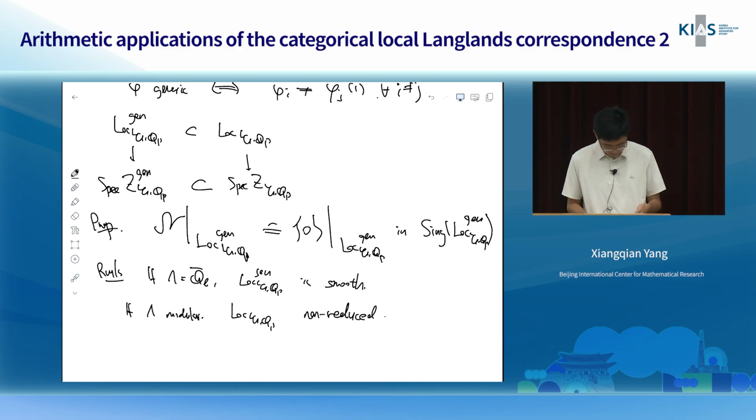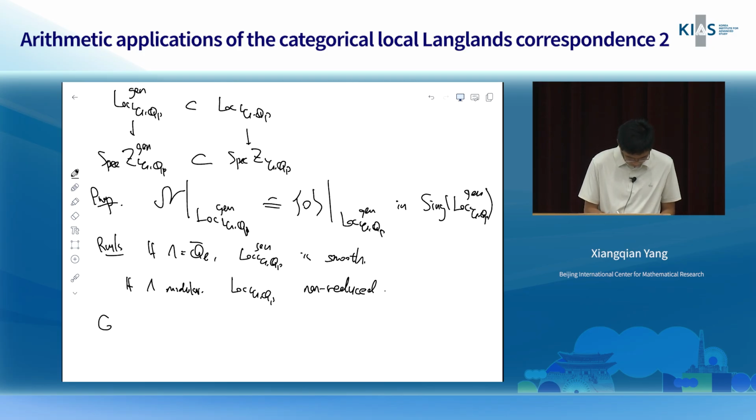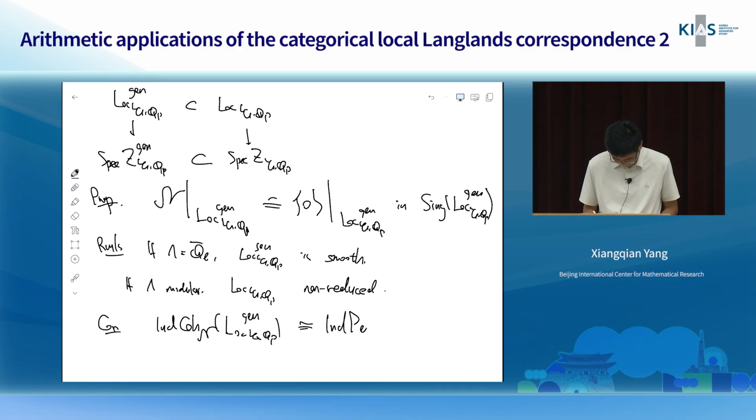But what this says is that this nilpotent singular support only lives over the semi-simple direction. So if you intersect with the nilpotent direction, this vanishes. But anyway, the corollary will say that the nilpotent singular support category for log generic G Q_p will be isomorphic to just Perf.